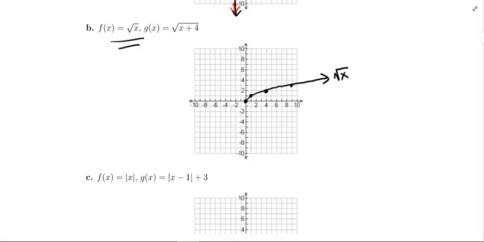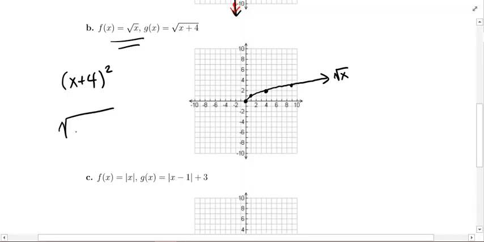But I want you to think about what parentheses do. If you have a quantity in parentheses, like if I had x plus 4 quantity squared, it traps that quantity. That quantity is stuck in the parentheses. The same thing is going on here. Even though we don't have parentheses, the square root acts like parentheses.